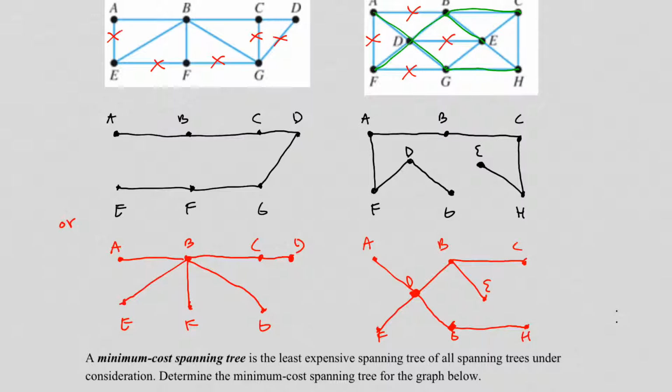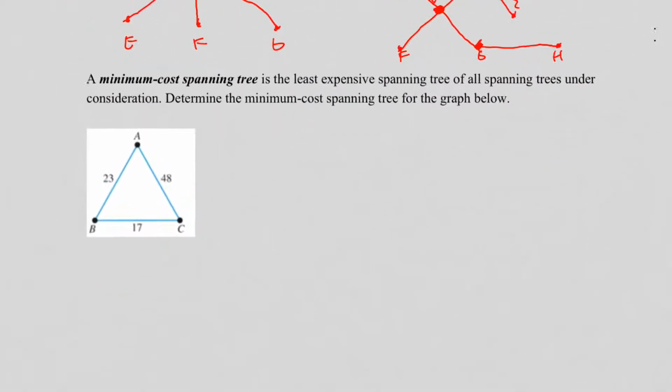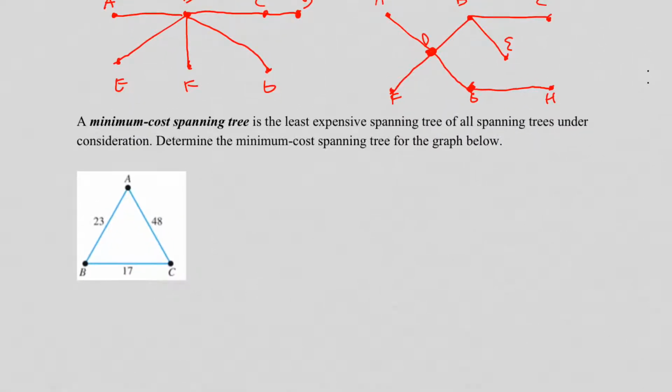All right. Now let's get to the next topic, minimum cost spanning tree. So in the next section, now we're going to apply trees into finding the minimum cost. Okay, so it's very, very practical because this could be creating sidewalks or a path or all kinds of different ways.